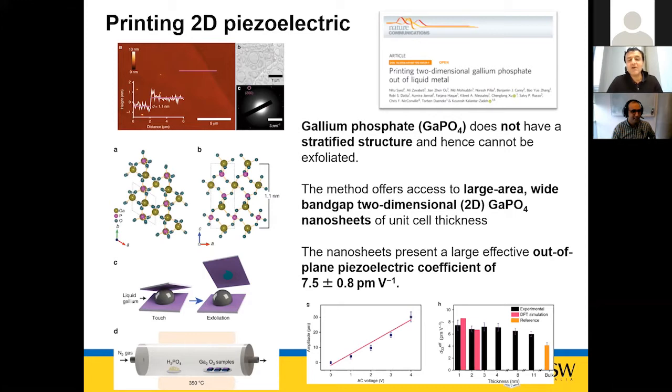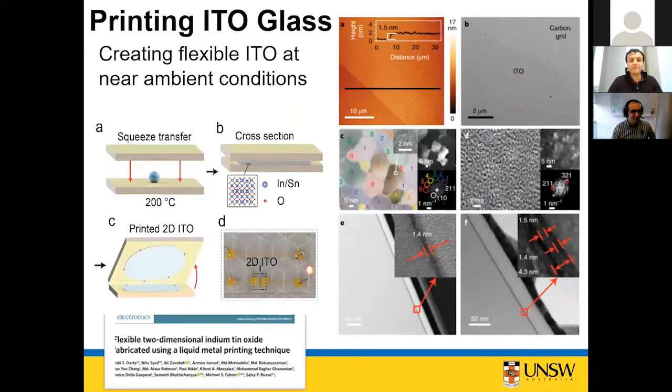It's actually double that of the bulk. So very easy to make, low temperature, and you can actually take it and commercialize it right now on silicon substrates. Another thing that we are now negotiating with a company to commercialize is to print ITO glass.